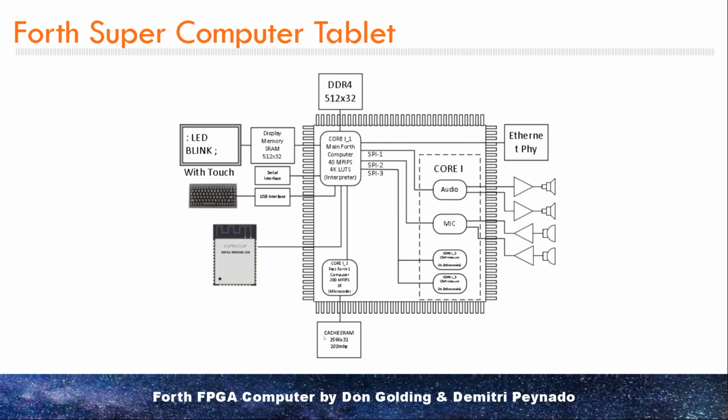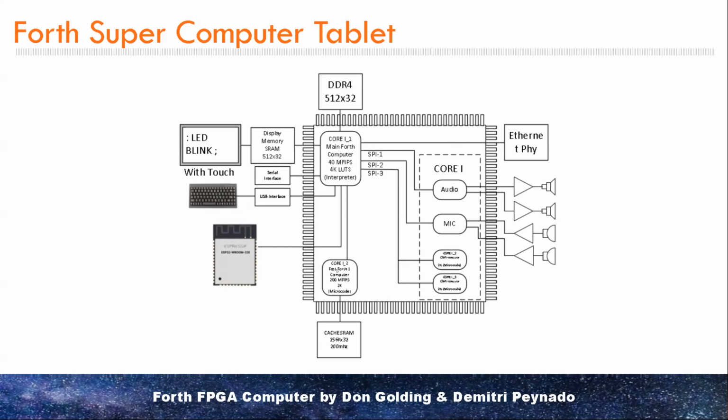I'm going to also add cache RAM. So this RAM chip is designed to be used as cache on a motherboard, and it's 32-bit. It can run at 200 megahertz. So it can basically run at the speed of silicon. So we're going to have our main core, which is doing our full Forth computer, which has compiling, interpreter, and all that stuff, will be on this one.